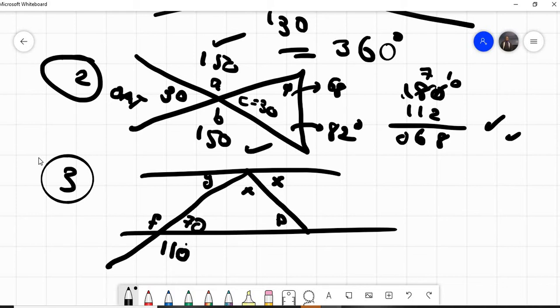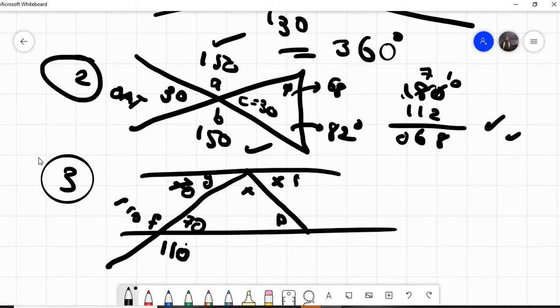And then this one is going to be 110. Here is going to be 110, we know, because of the OAT, opposite angle theorem. So since 110 is here, and 110 is here, this one must be 70. And then these two, since they are equal, must share 180 minus 70, which is 110.